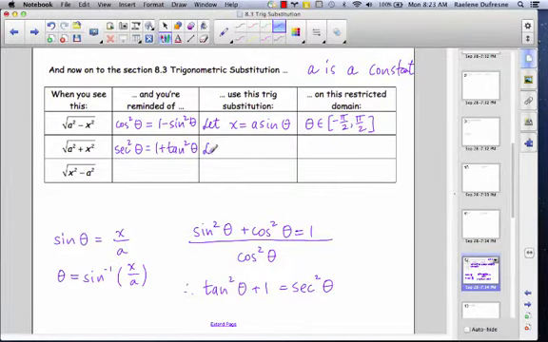So we are going to let x equal a tangent of theta, and the restricted domain for tangent theta is from negative pi by 2 to pi by 2, excluding the endpoints.